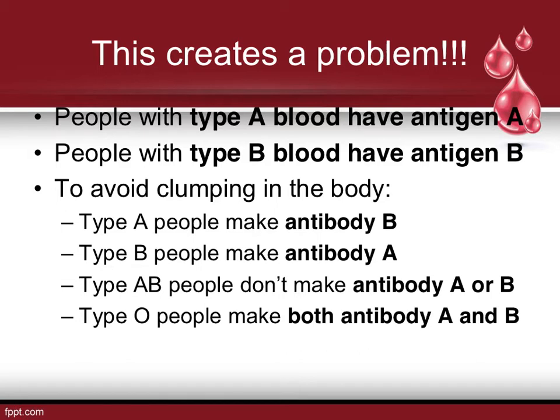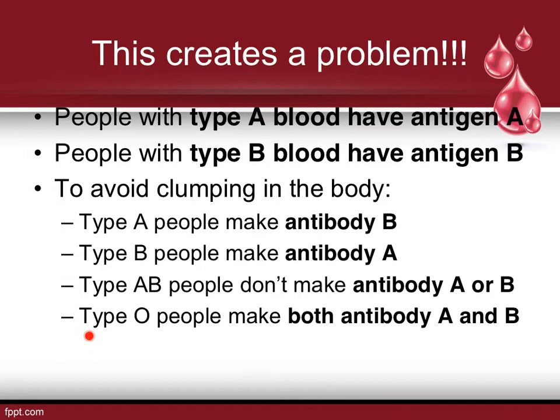So what your body does is it makes sure that you make the opposite antibody to the antigen that you have. So in other words, if you have type A blood, you make antibody B. If you have type B blood, you make antibody A. If you have AB blood, you don't make any of those antibodies, neither A nor B, because they would clump regardless of what you made.